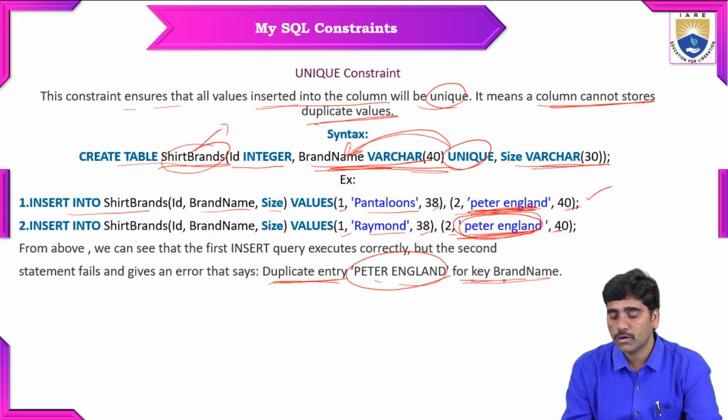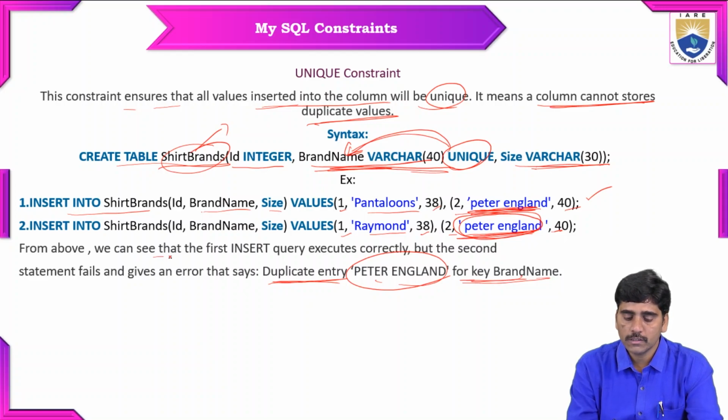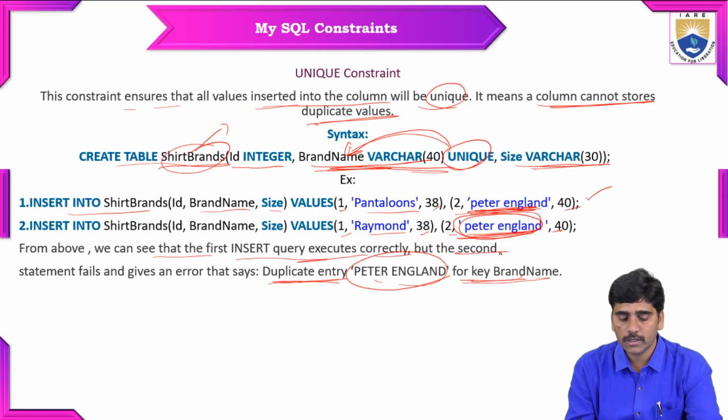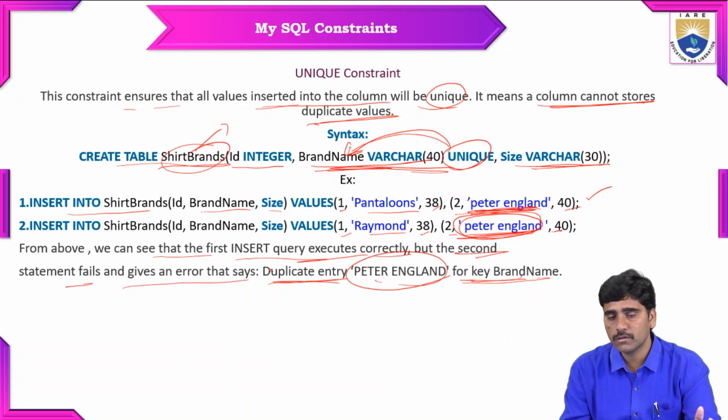It was already inserted and now you are trying to enter a duplicate brand, so it is not taken as an inserted value. From the above we can see that the first insert query executes correctly, but the second statement fails and gives an error that says duplicate entry Peter England for key brand name. That is what it maintains.